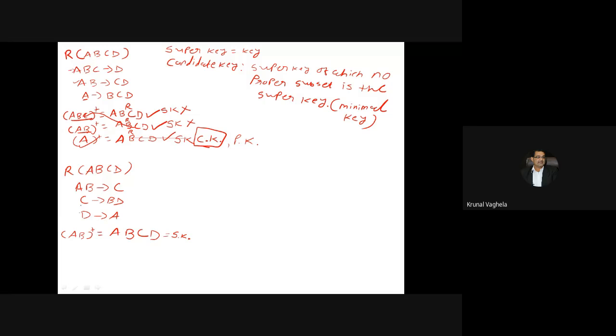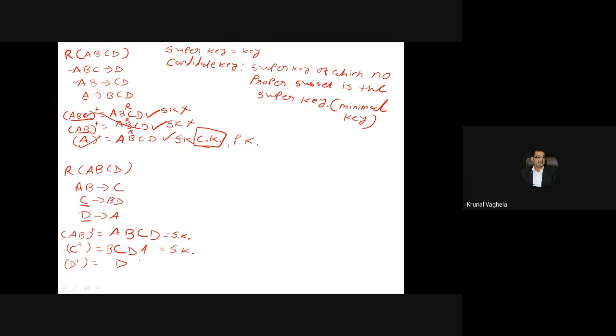Let's see if C is a super key or not. From C, I can find B and D. From D, I can find A. So I get A, B, C, D. So C is a super key. Is D a super key or not? D's closure: from D I cannot find anything else.